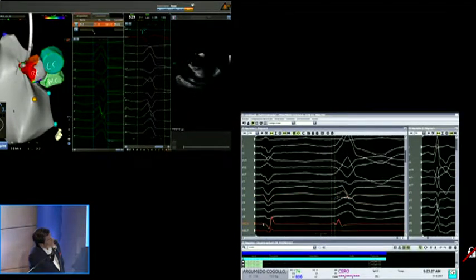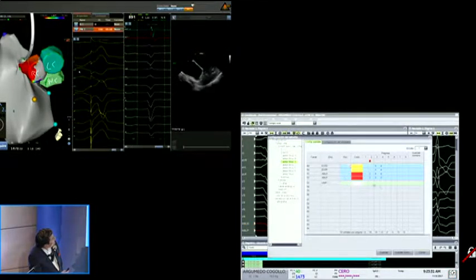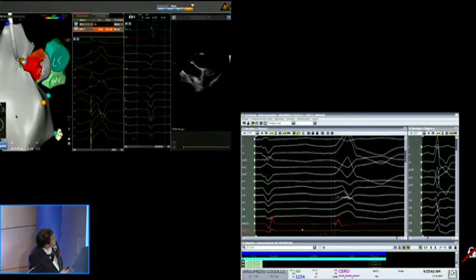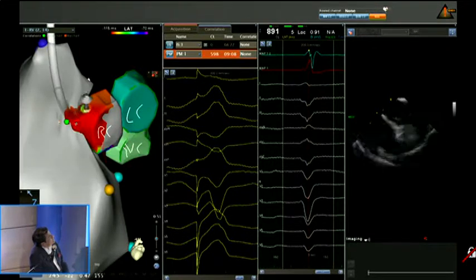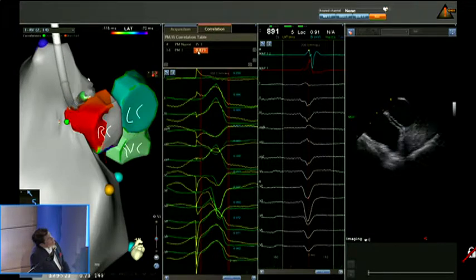Can we place the unipolar here? Well, can you show us where is the exact site of the PASO? Where did we do the PASO? Can you show it in the map? It is highlighted here. Yes, we can see it now. This is the site for the PASO. We had 87%.